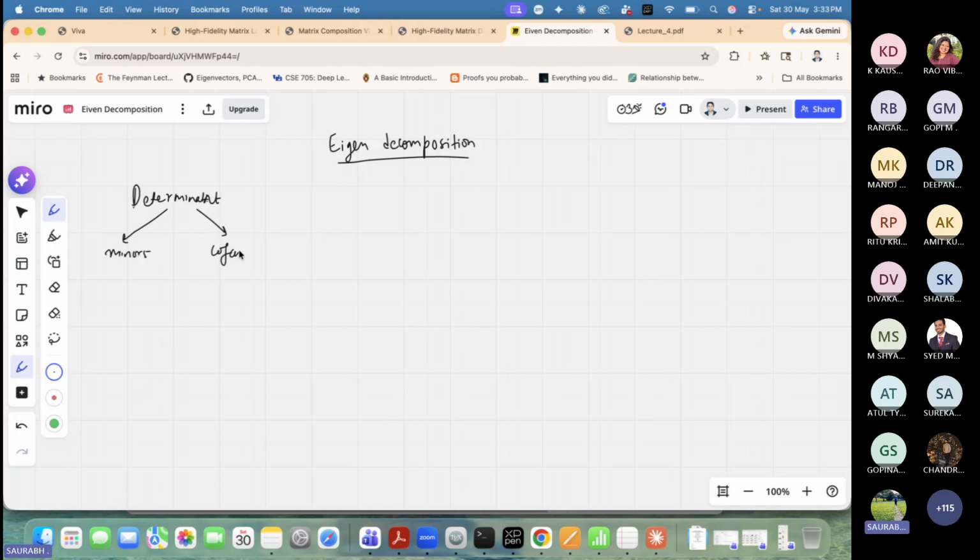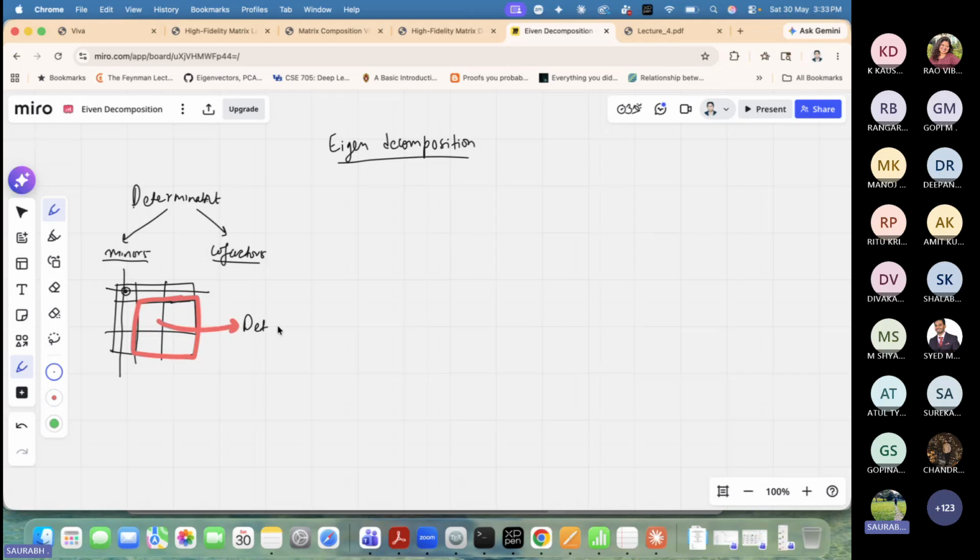And cofactors, right? So I have given you an HTML which clearly explains all of these things. But the idea is simple. Minor is, if you're expanding the concept of determinant via a row, let's say you have a 3 cross 3 matrix like this. No matter whatever element is there, let's say you stand here, you remove that row, that column, whatever is left for you, this small 2 cross 2 matrix, the determinant of this small matrix is called a minor.